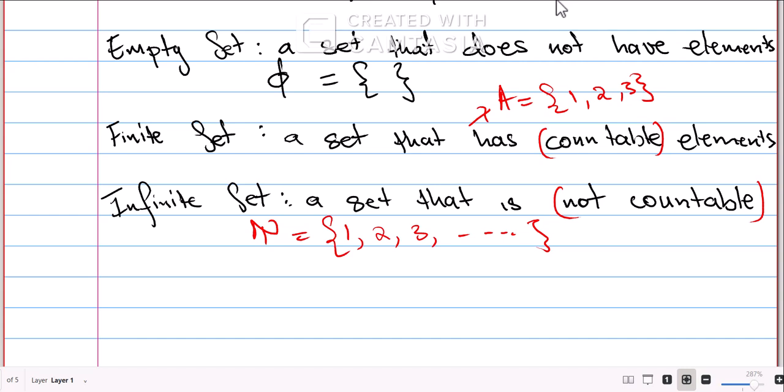So these are the types of sets you should bear in mind: the first is the empty set, the second is the finite set, and the third is the infinite set.